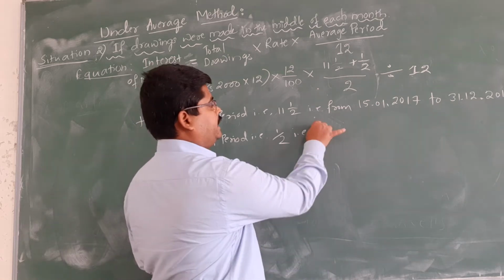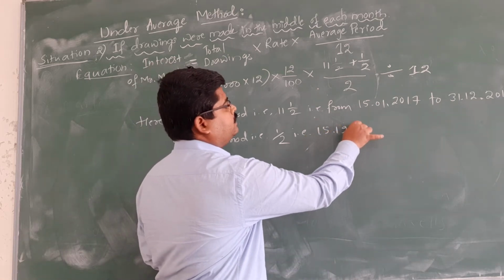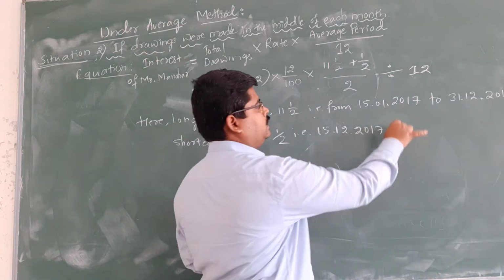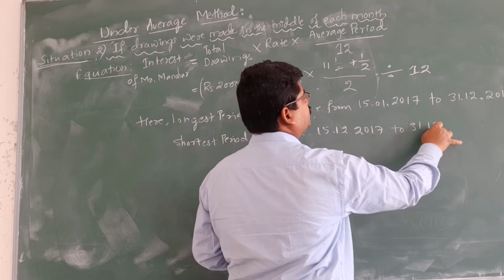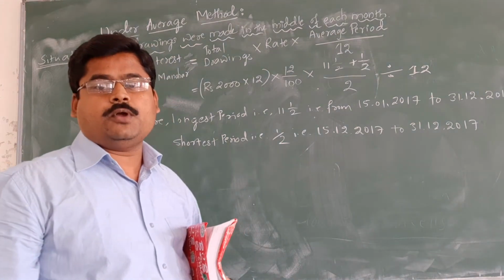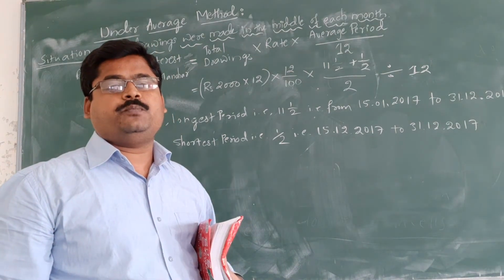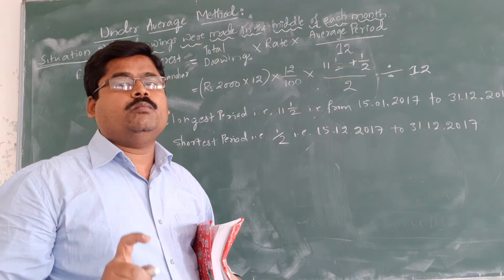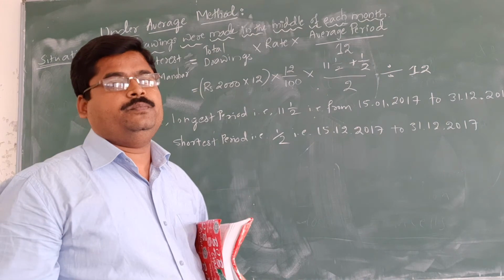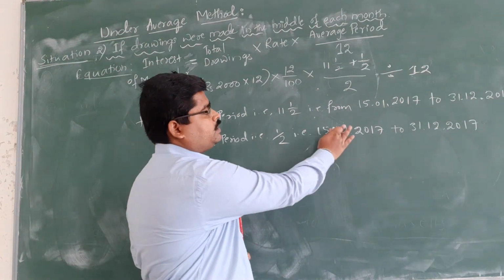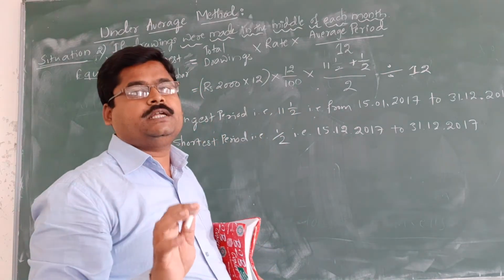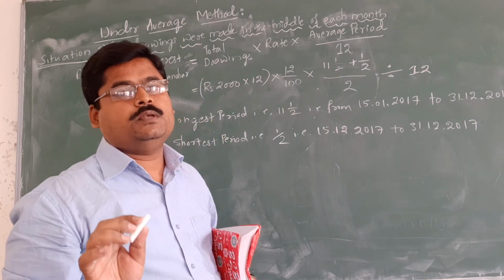So 15th December 2017 to 31st December 2017 will be the half month. Shortest period means the last month's drawing till the end of the accounting period. He last drew in the month of December, 15th December 2017 up to 31st December 2017. That will be the half month.